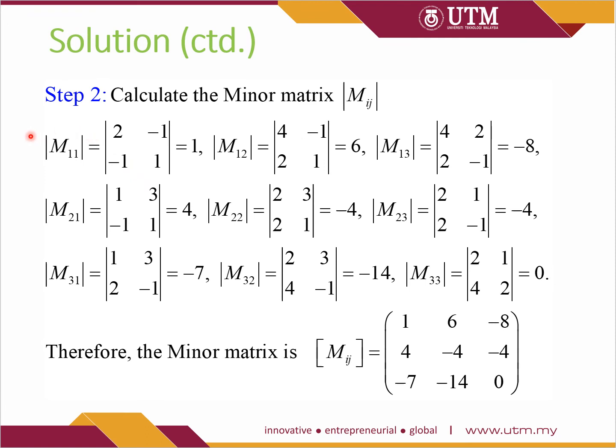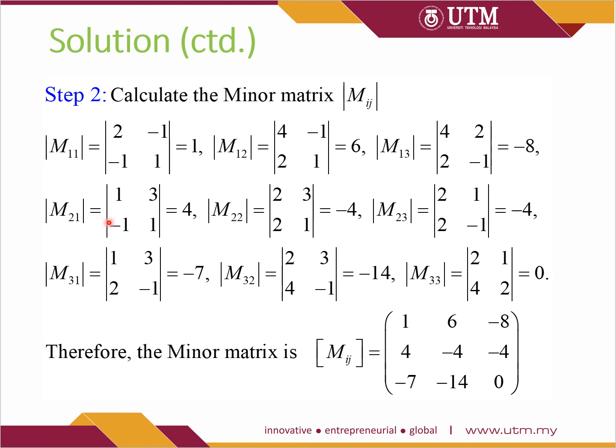So the next step is calculating the minor matrix. We find the minor matrix for all rows and columns. First we find M11 and then find the determinant of M11. The same goes with M12, where we get the matrix of M12 by deleting the first row and second column, and then we find the determinant of this matrix.